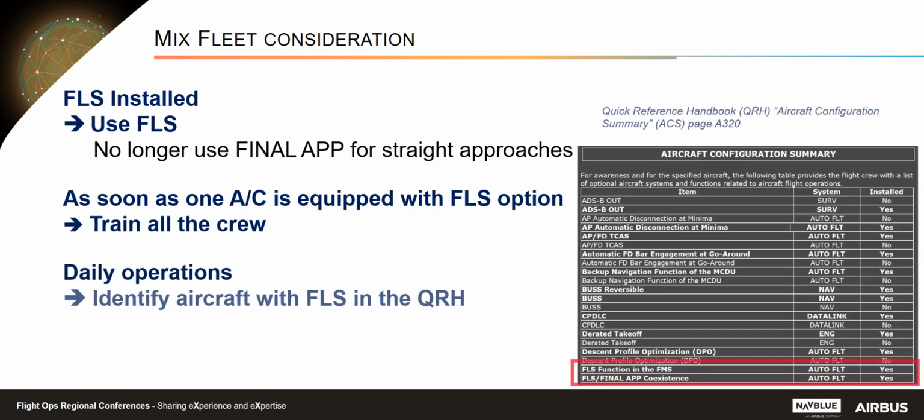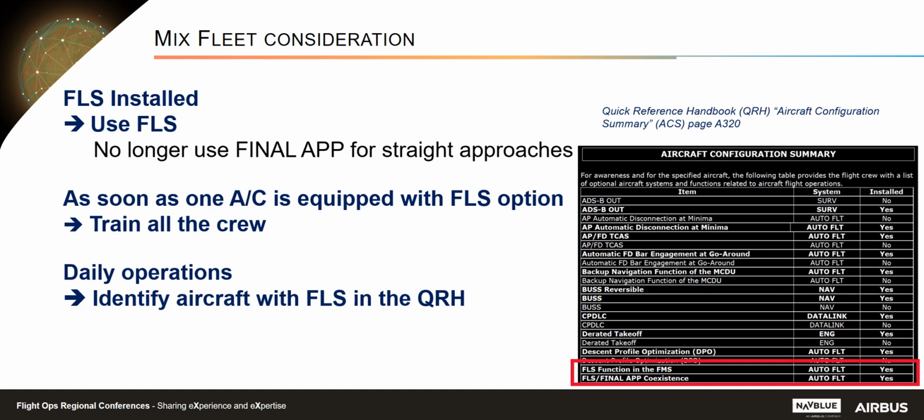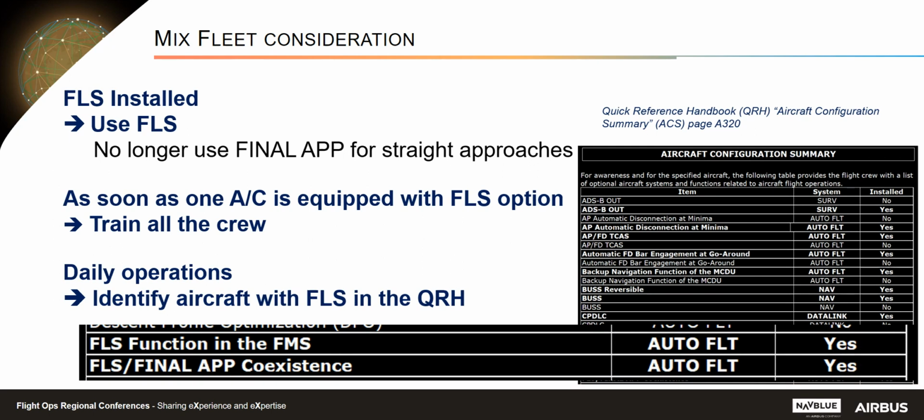And finally, in your daily operation, it is easy to identify if the aircraft is equipped or not, thanks to the aircraft configuration summary table in the QRH. FLS and coexistence are indicated, SLS and GLS also.